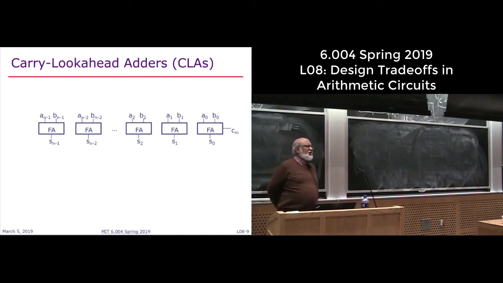Let's re-examine the problem again. I'm going to a new class of adders which look different, called Carry-Lookahead adders, CLAs. There are many of them actually, but they all share a general idea. This is my picture of full adders, and the culprit was that the carry in begins and ripples through, if we do it in a naive way.